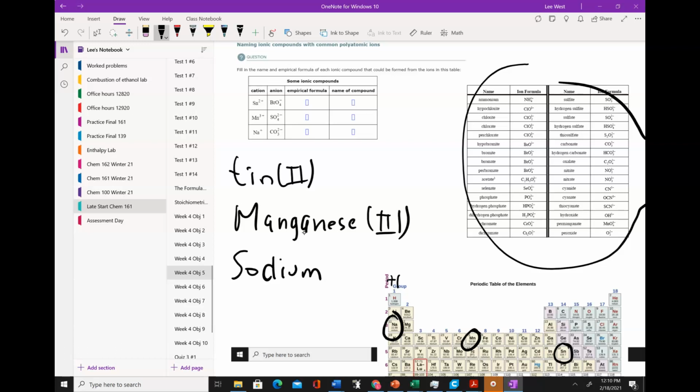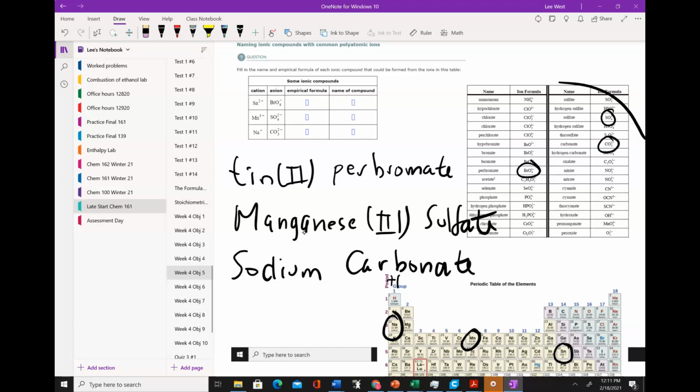So BrO4 minus is perbromate. SO4 2 minus is sulfate. There it is there, sulfate. And then finally, CO3 2 minus is carbonate. There it is there, carbonate.